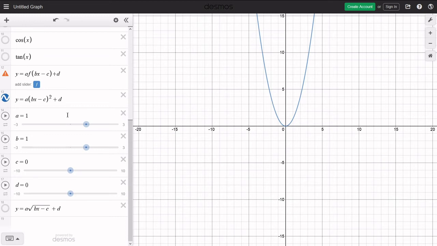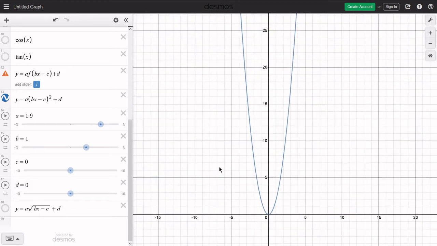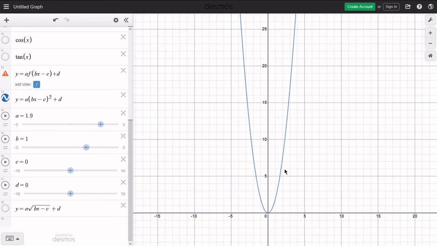Okay, now a and b are the more interesting ones because they're multiplying. If a is greater than 1, this one makes it skinnier, but what it really does is it's stretching it vertically, because all of these values are being pulled upwards.